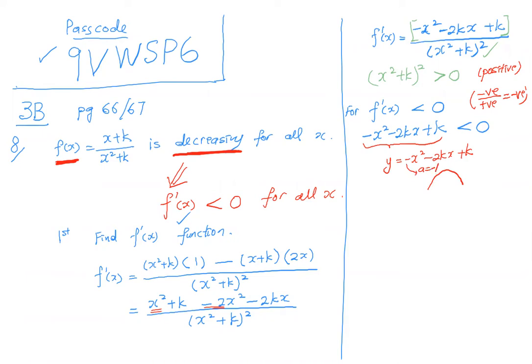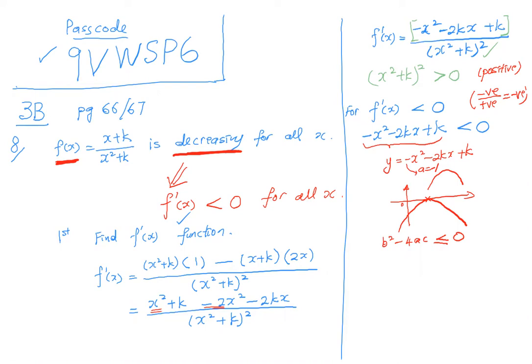So for a crying curve, if you want it always to be negative, it must be always below the x-axis, correct? So that implies our b squared minus 4ac must be less than 0, am I right? Or equal? Because it can touch. So these are all interpretation.